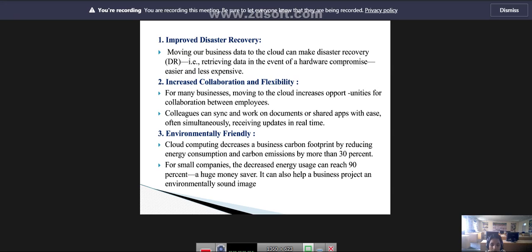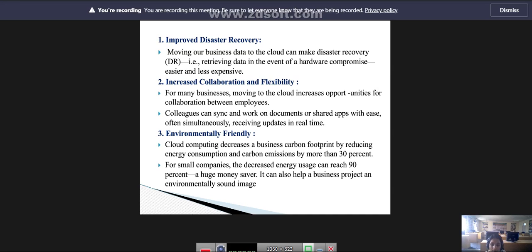Additionally, cloud computing allows each team member to work from anywhere. The cloud centralizes our data, which means that our employees and even our clients can access our company data from any location with internet access. So that is called increased collaboration and flexibility. This is the second advantage of the cloud computing.